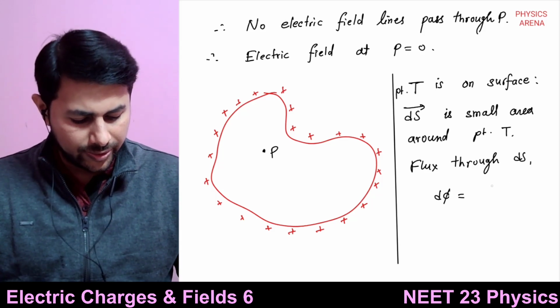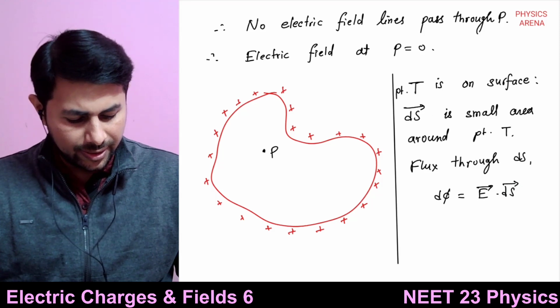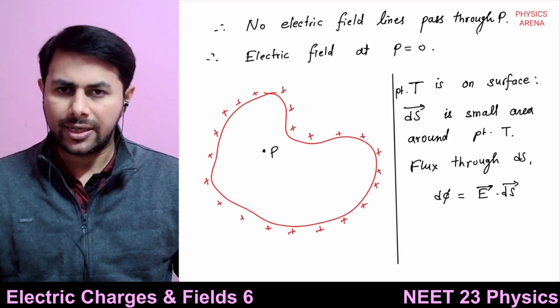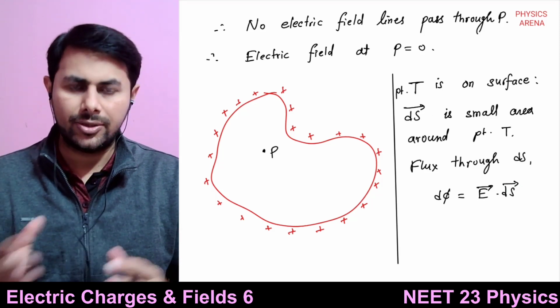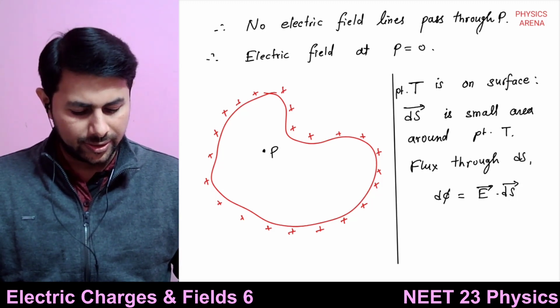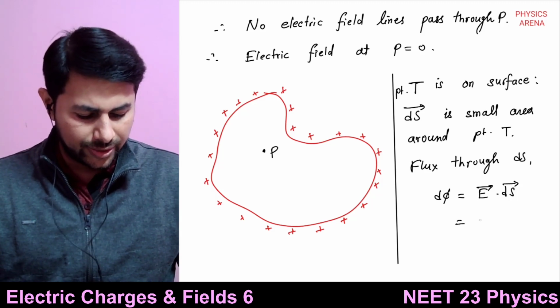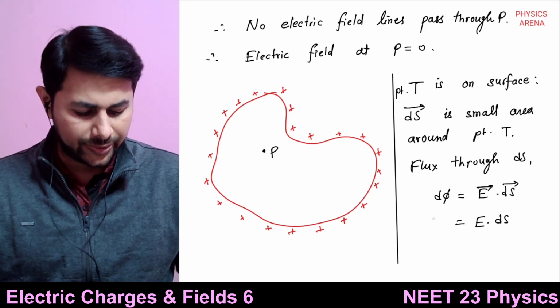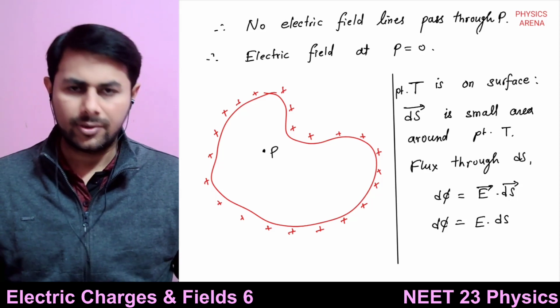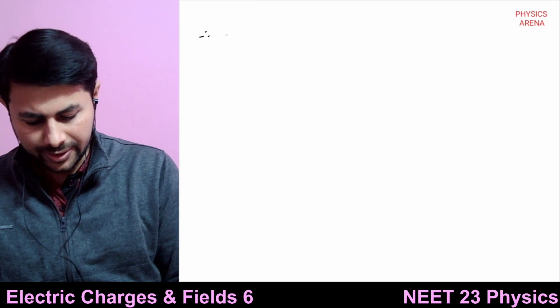So d phi is equal to E bar dot ds bar, and because E bar and ds bar are in the same direction, flux is E ds multiplied by cos theta. Theta is the angle between them, which is 0. So cos 0 is 1, so it is equal to E multiplied by ds only. This is the flux.